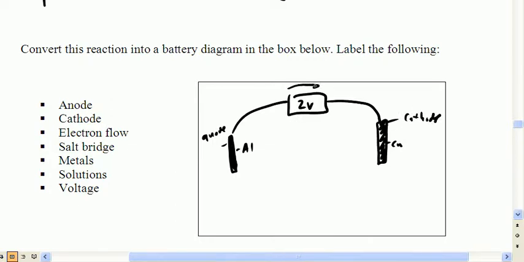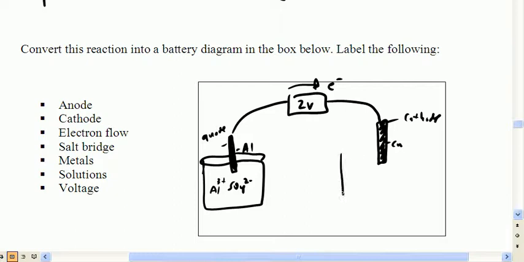And this is going to be the direction that the electrons are going to move from anode to cathode. And each one is going to be immersed in its own solution of the spectator, so that it doesn't react with each side of the battery.